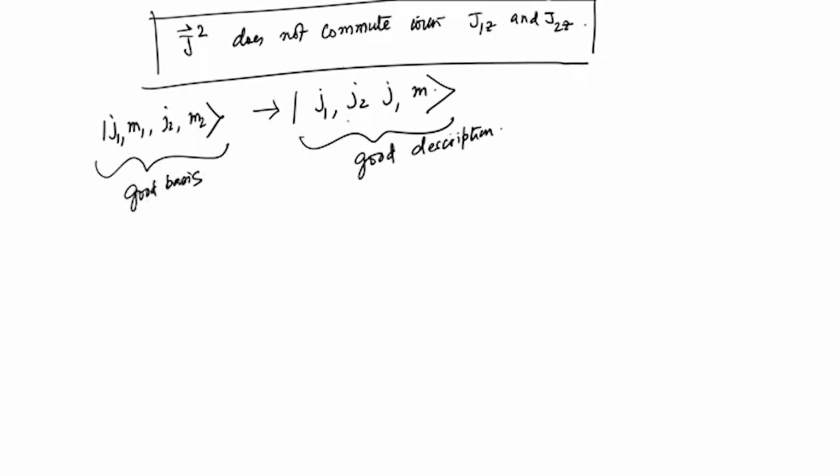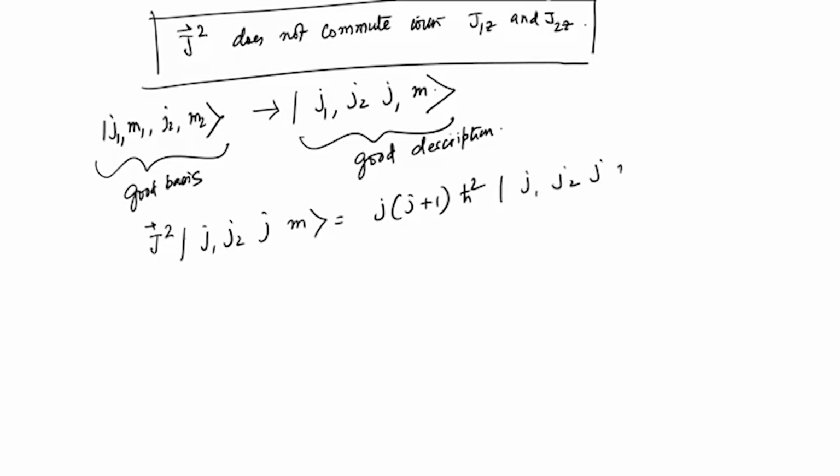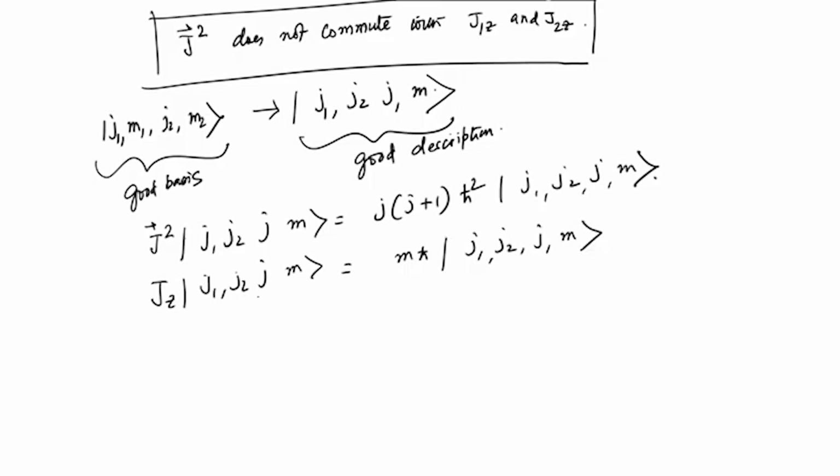And why is this a good basis? This is a good basis because J square acting on this J1 J2 J M is going to give us J into J plus 1 h cross square and return the same basis J1 J2 J M, and also the total J1Z plus J2Z acting on J1 J2 J M is equal to M h cross times J1 J2 J M. If I forget giving the commas, please do put them.